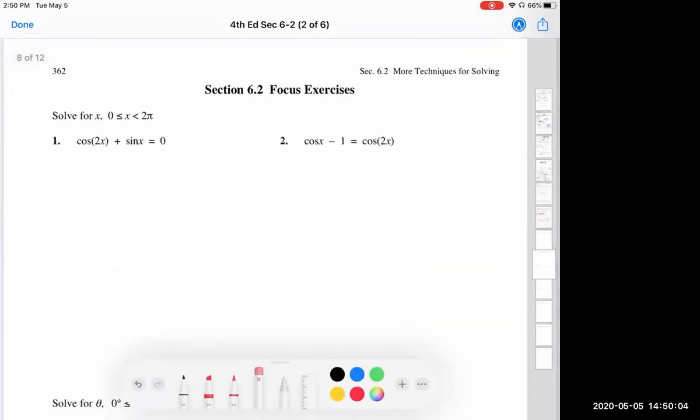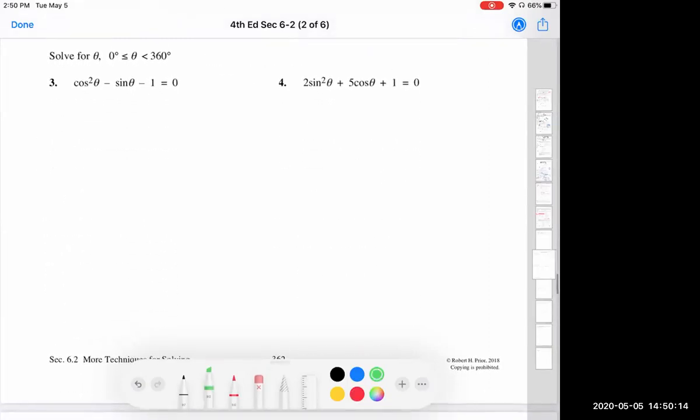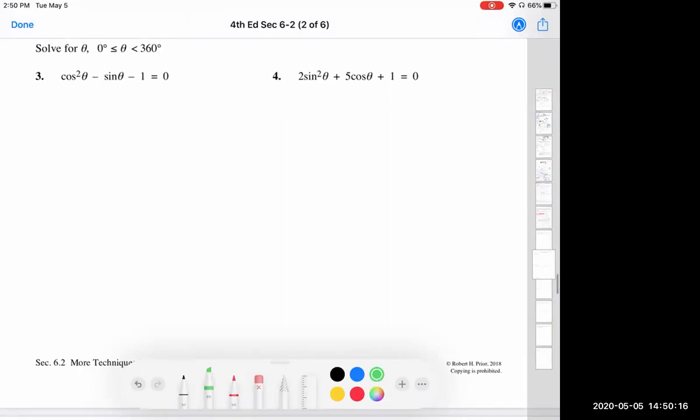Okay, we're done. Let's go ahead and do some homework problems before we leave. So before we leave, your homework is all odds. Let's go ahead and try 3.